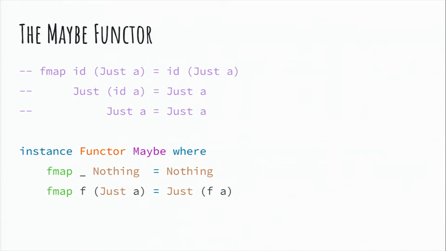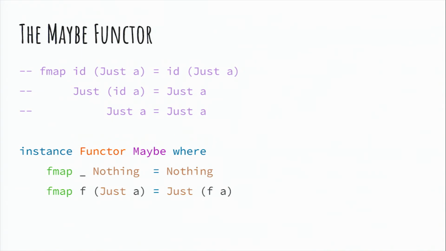Well, if we look at the definition, then fmap f (Just A) is Just (f A). So we substitute f with ID. So the left side turns into Just (ID A). But if you apply ID to A, you get A. So that's the third step on the left.